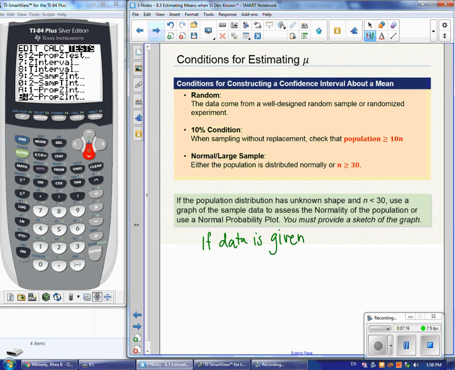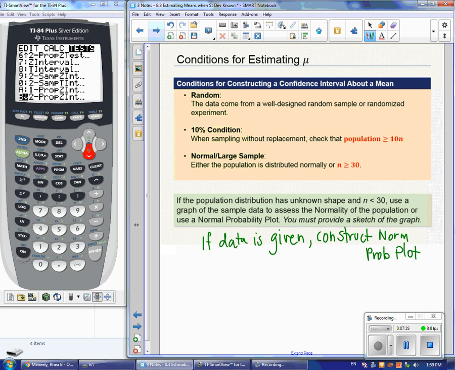The central limit theorem isn't going to apply. And if I don't know anything about the population, if I'm given the data, then I can construct a graph. And I would recommend that you construct a normal probability plot because it's a lot faster to draw on your paper. And whatever graph you construct on your calculator, if you're referring to it, you need to make sure you put it on the paper too.